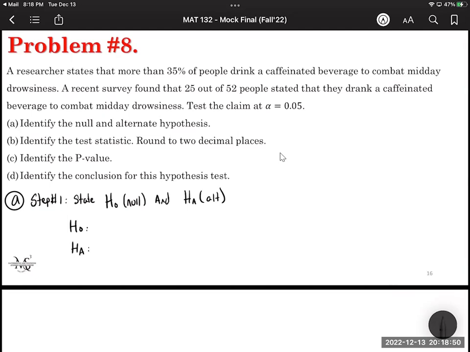So what is your null hypothesis here? What do you think will be your null? I think because of 35, I know the 35% is the one that we're going to use. Yes, so both null and alternate hypotheses involve a percentage. Now, a percentage, is it a proportion or is it a mean?